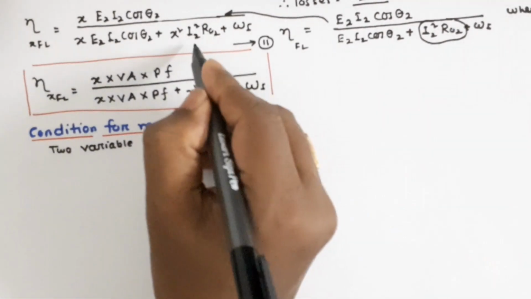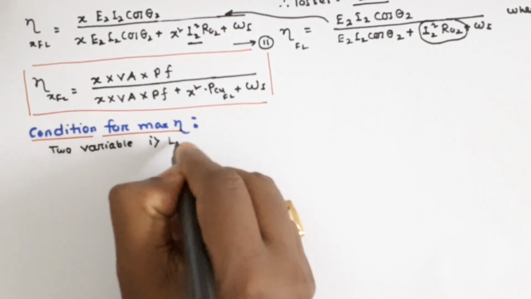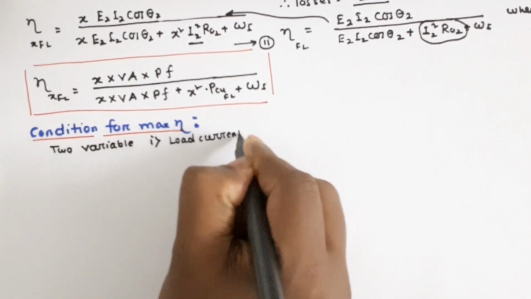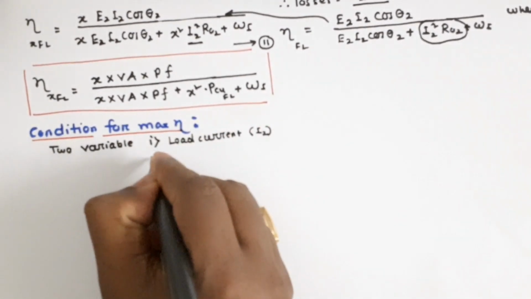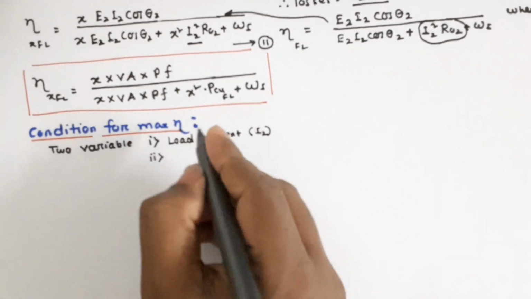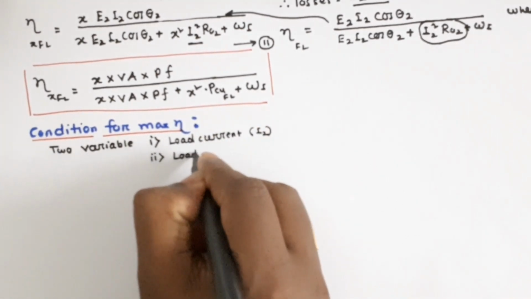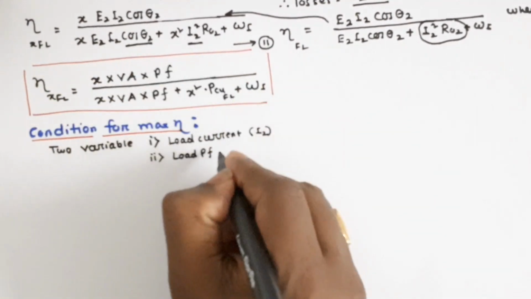Number one is the load current I2, and the other is the load power factor cos theta 2.